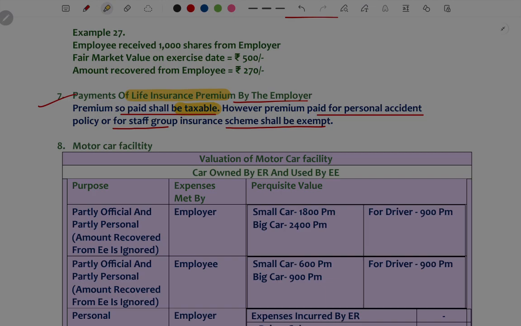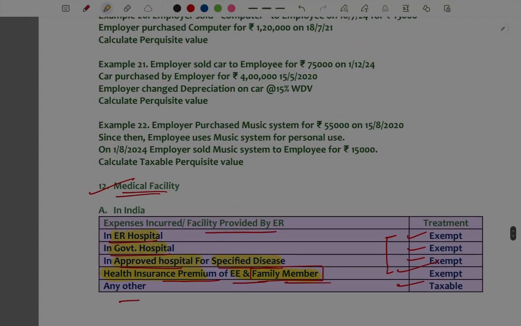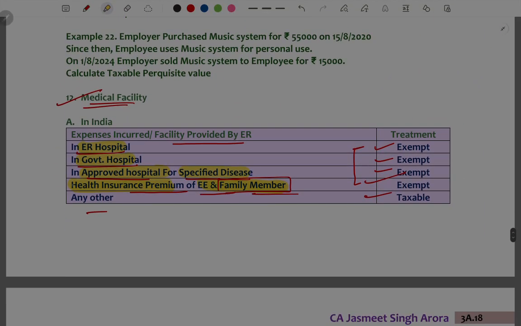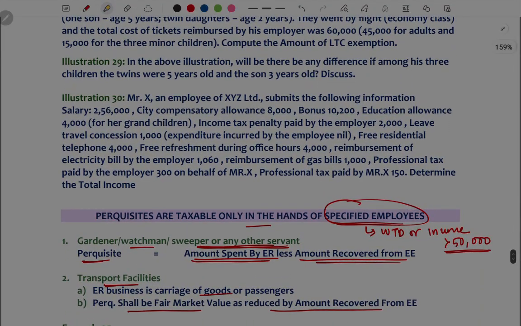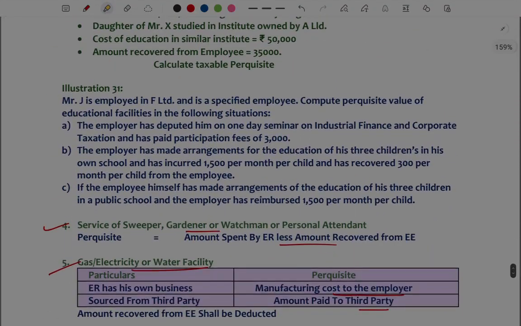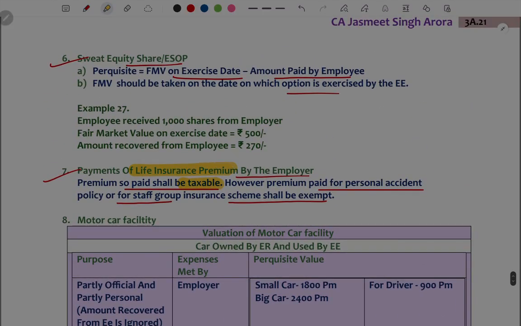Previously, we talked about health insurance premium. See, health insurance premium of employee and family member. This one. Don't get confused. Here I said medical, but here I said life insurance, not health insurance. If the employer pays the life insurance premium, then the premium so paid is taxable.